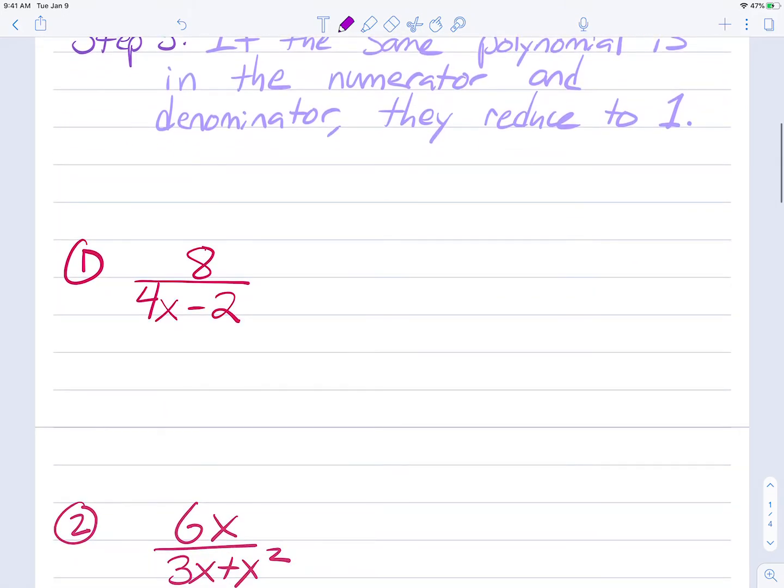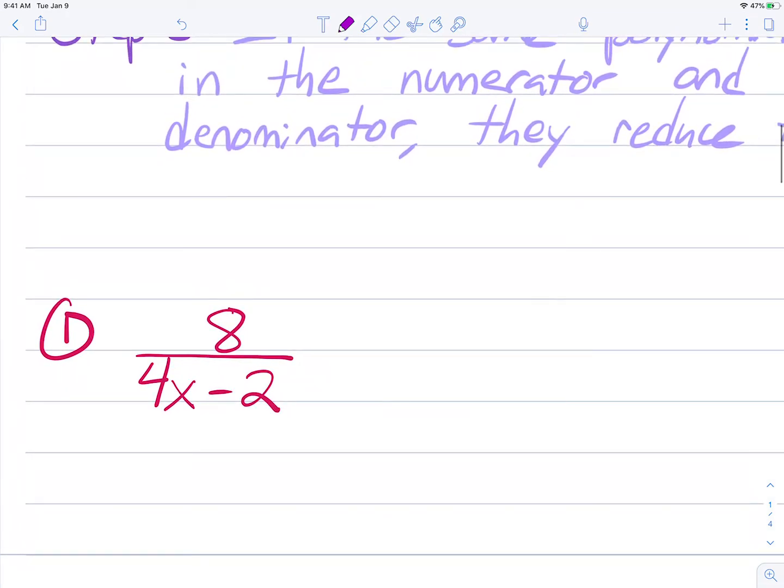So problem number one. The numerator is just an 8, so I'm going to leave that alone. The denominator has a GCF, so I'm going to factor out that GCF. The GCF is a 2, so if I factor out a 2, I would have then 2x minus 1.